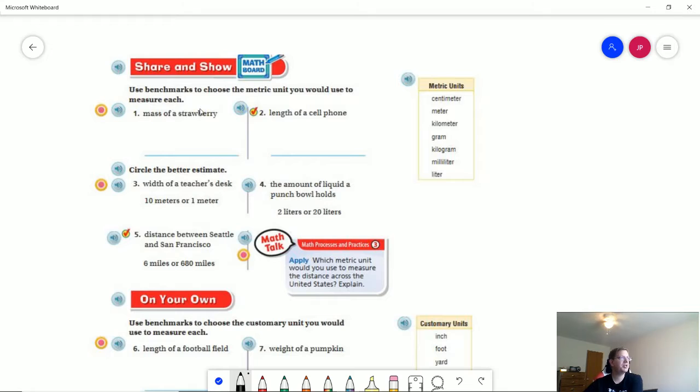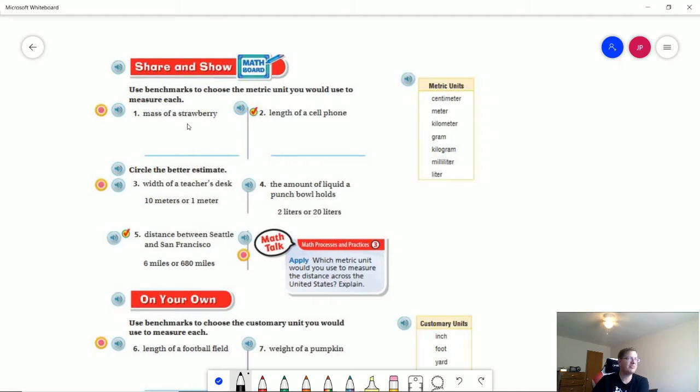If I am working with mass, we're going to be using grams and kilograms. One gram would be roughly the mass or weight. We try to not use the word weight when we're using that, but that's kind of what we're talking about because we can measure it on a scale. One gram would be roughly the mass of a paperclip, whereas a kilogram would be the mass of a textbook.